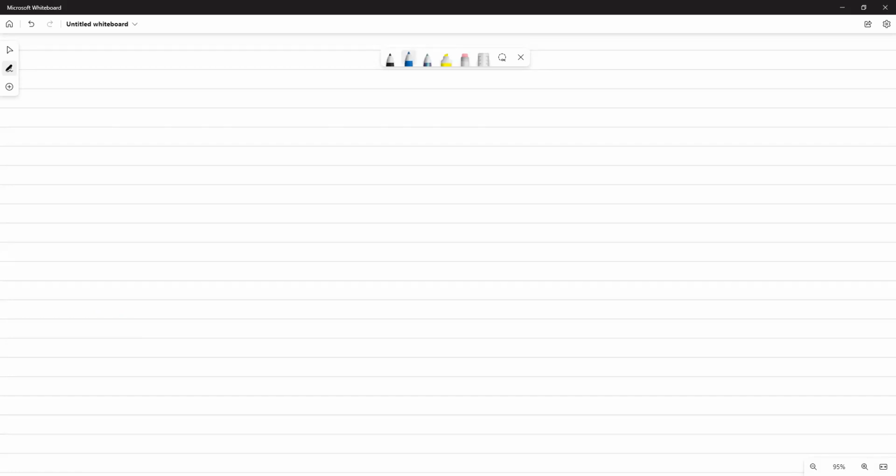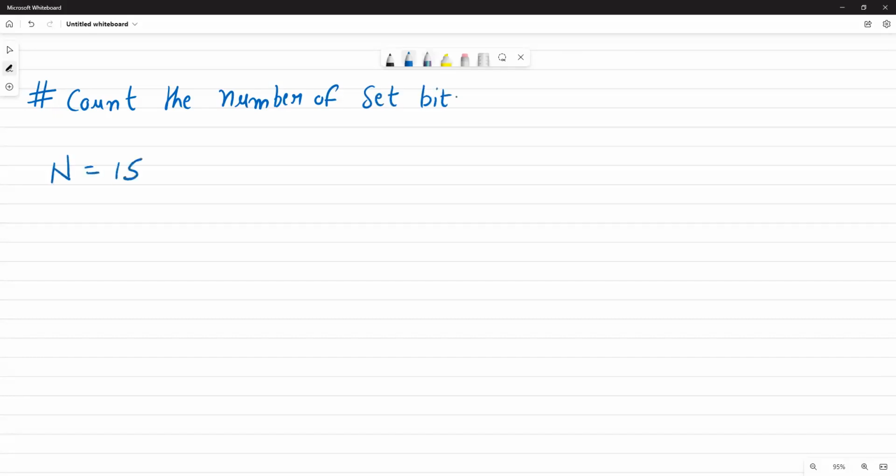Okay. The next question could be count the number of set bits. That means if your number is, let's suppose, 15, so 15 is going to contain 1, 1, 1, 1, 4 times.